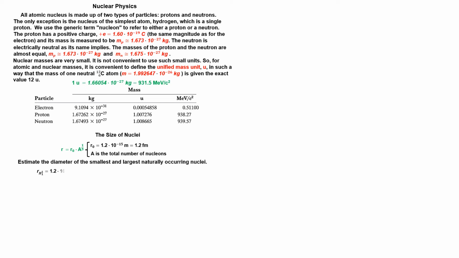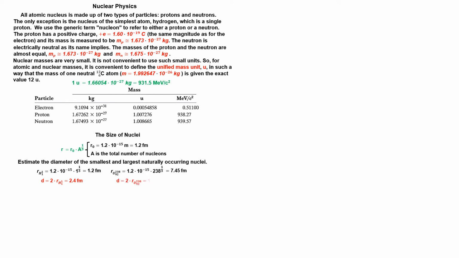So we replace A with 1 and perform the calculations. The largest nucleus is that of uranium-238. A equals 238. So we replace A with 238 and perform the calculations.